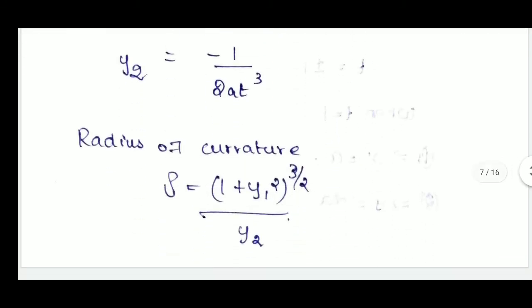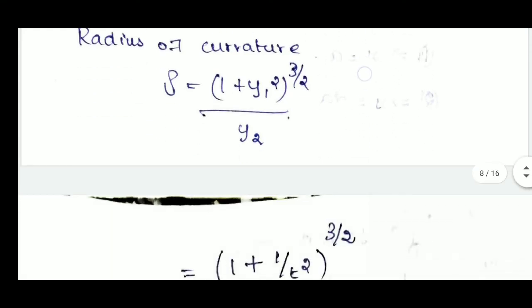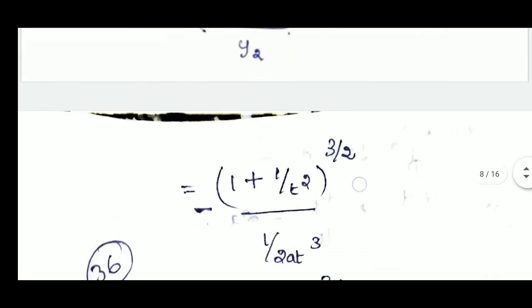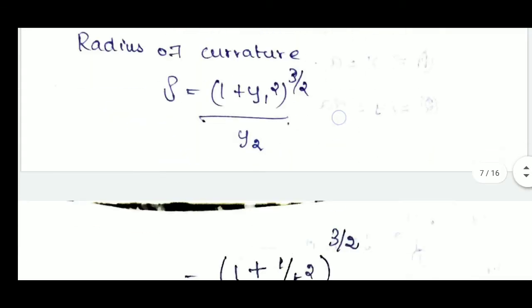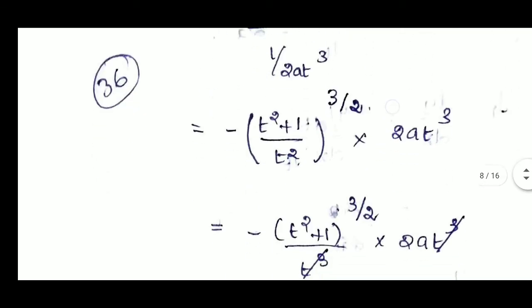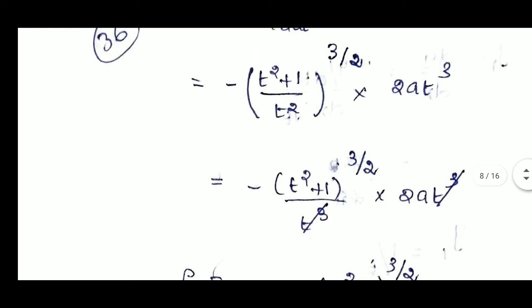The formula for radius of curvature: rho equals (1 plus y1 square) the whole raised to 3 by 2 by y2. 1 plus (value of y1, which is 1 by t) square, the whole raised to 3 by 2, by the value of y2, minus 1 by 2at cube. So we take the LCM: minus of (t square plus 1 by t square) the whole raised to 3 by 2 into 2at cube. We take the power for the numerator and denominator separately.